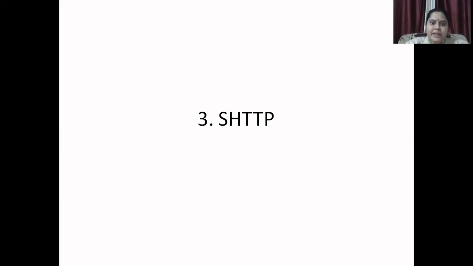Now, secure HTTP is a secure message-oriented communication protocol designed for use in conjunction with HTTP. It is a superset of HTTP which allows messages to be encapsulated in various ways. Encapsulation can include encryption, signing, or a message authentication code, that is MAC based authentication. This encapsulation can be recursive, and a message can have several security transformations applied to it.